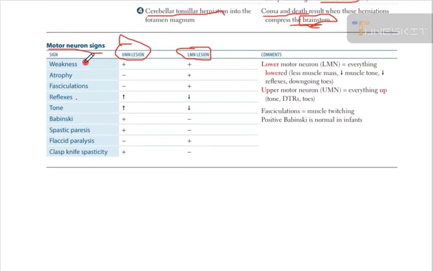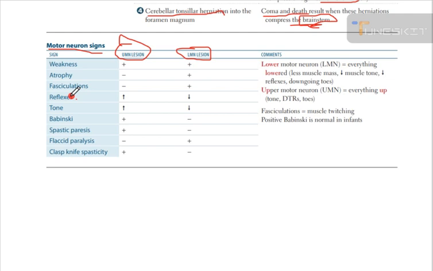Atrophy is present in lower motor neuron lesions and not in upper motor neuron lesions. Fasciculations are absent in upper motor neuron lesions, and here it is the opposite.